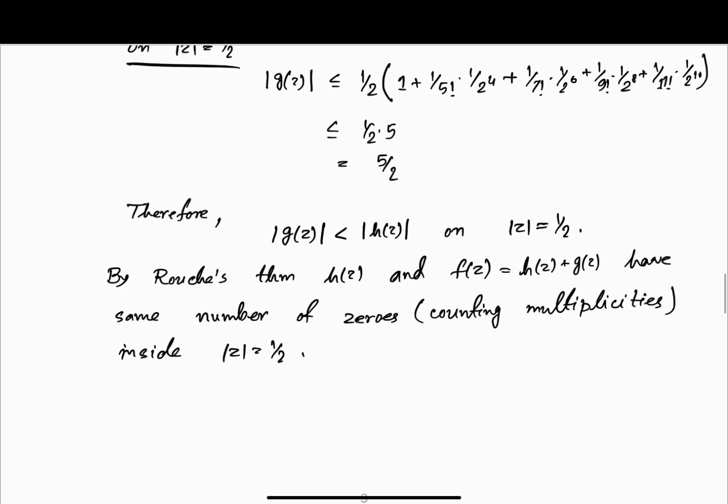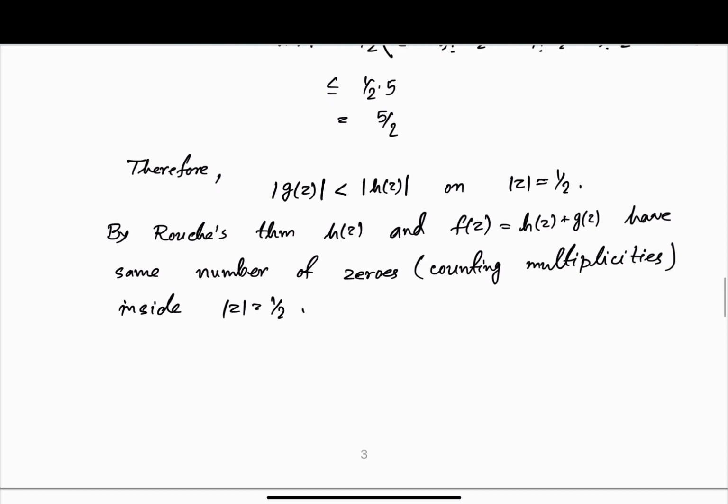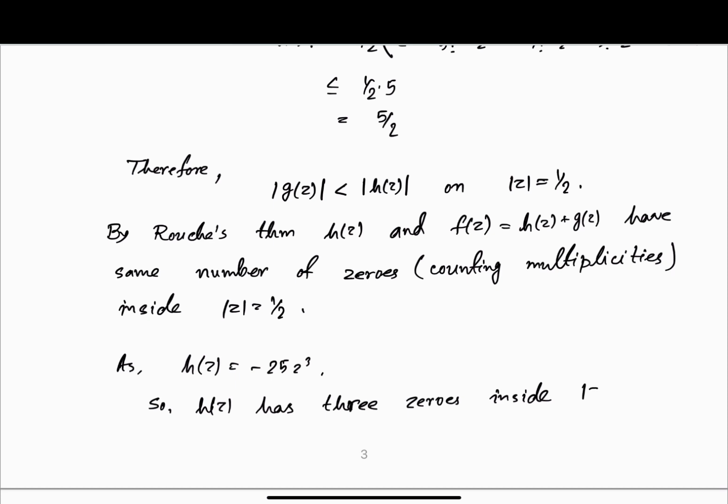And how many zeros does hz have inside mod z equals half? As we know, hz is minus 25z cubed. All the roots are 0. So hz has 3 zeros inside mod z equals half, right?